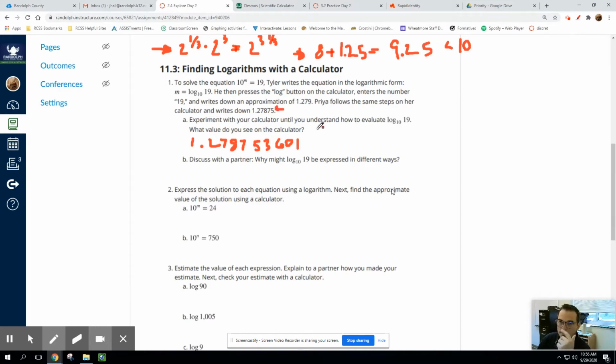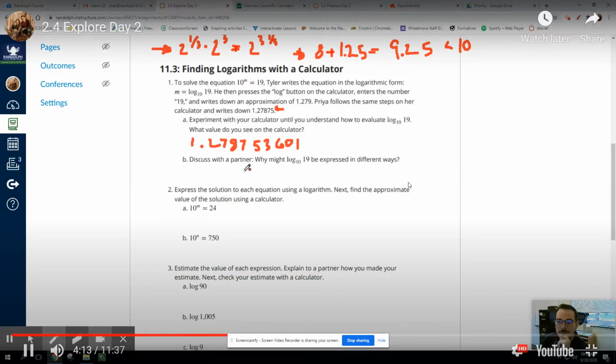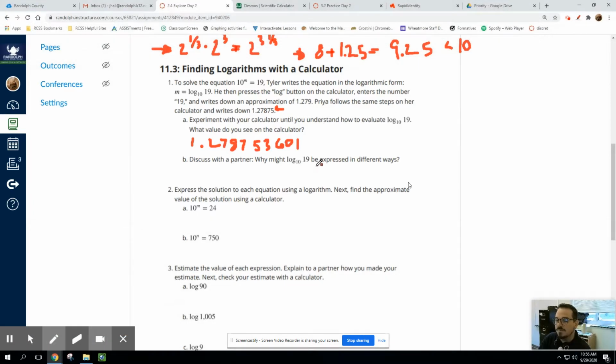So discuss with a partner, why might log base 10 of 19 be expressed in different ways? It's all about the different ways in which you find that expression. So if you were to not use your calculator, or if you were to use your calculator and you did different rounding, so we could round differently. So maybe one person puts 1.3, right? Because that would technically round to 1.3.